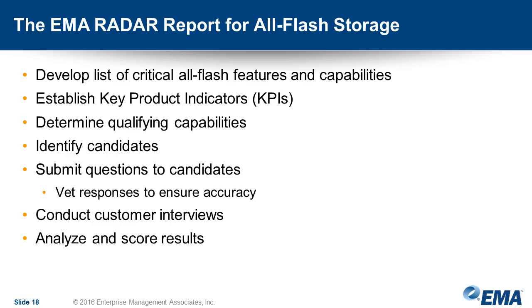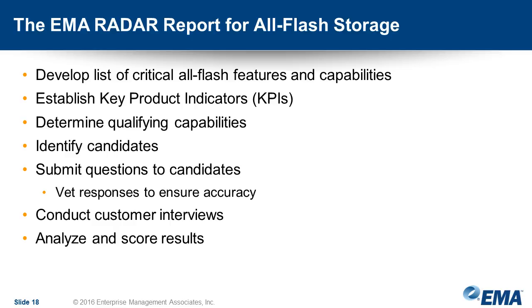So what's the process of this radar report? It's a couple of things. First is developing a list of critical features and capabilities that's needed for an all-flash solution, and then from that, create key performance indicators, or KPIs.